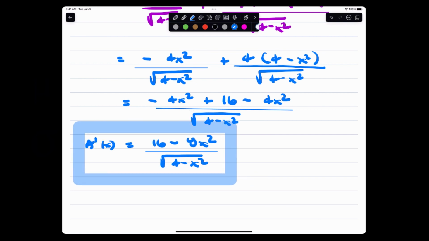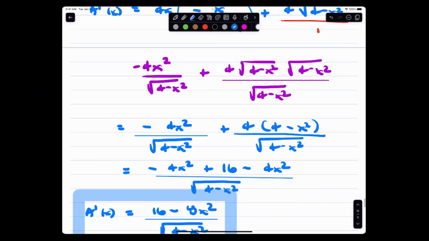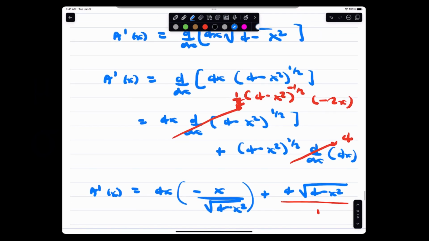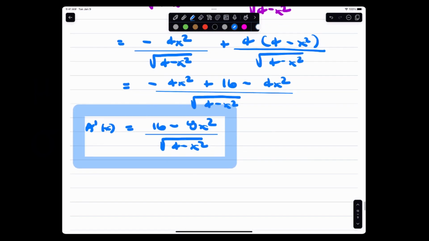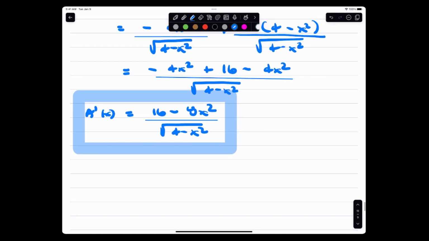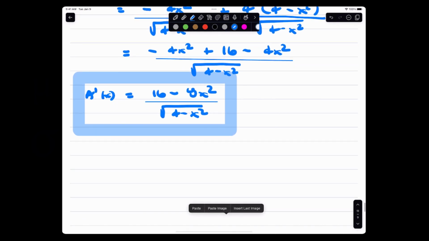So you guys can see that here. 16. Yeah, that's going to be r squared. All right. Does that look okay to you guys? Double check. So with this derivative, we got to be careful here, okay?